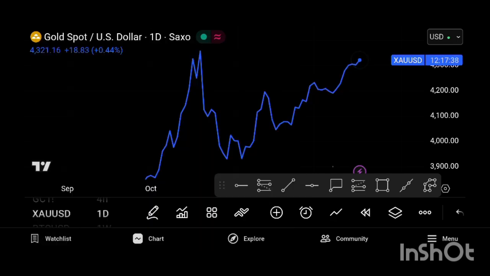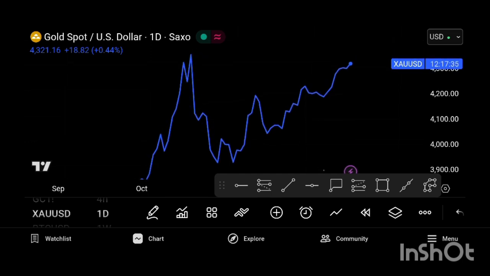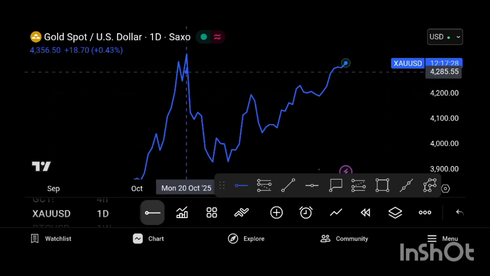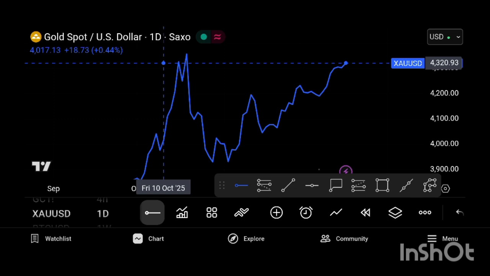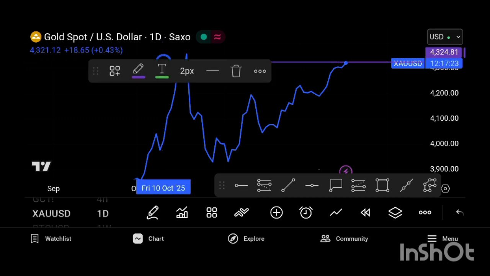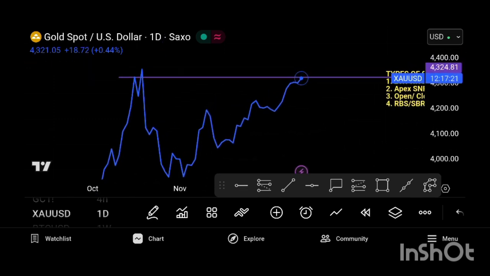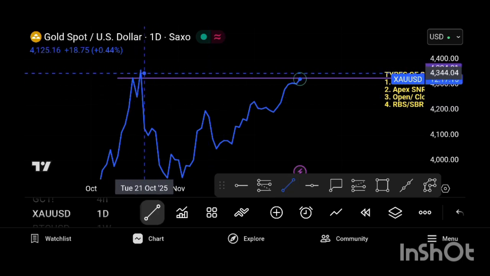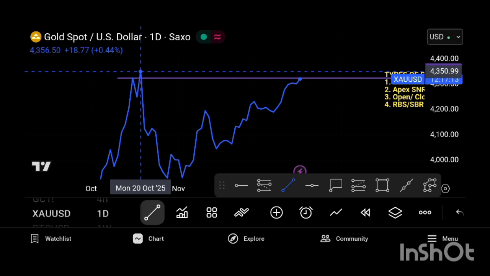So we have the left. Let's identify this head and shoulder using the line chart. So the first example we have is here. This is a left shoulder resistance, where I just draw this line. In this place you can see that we have the head here where my cursor is. This is the head.